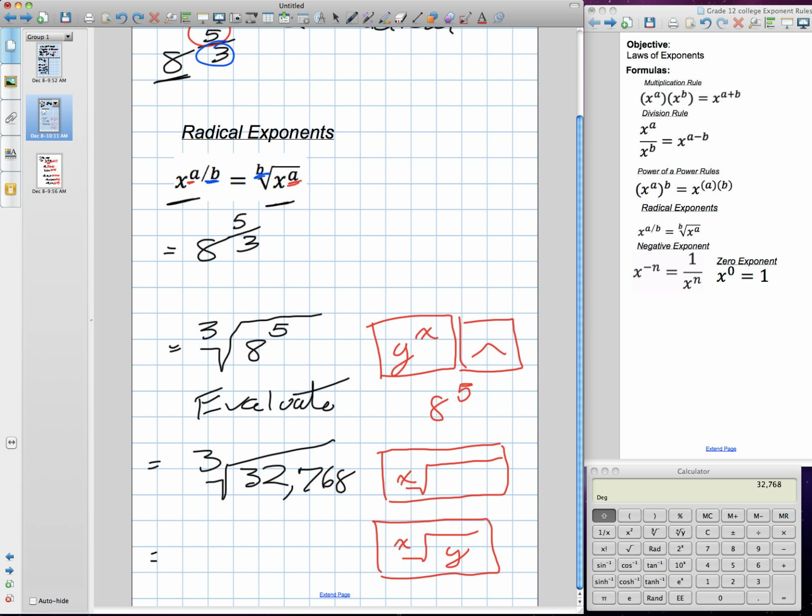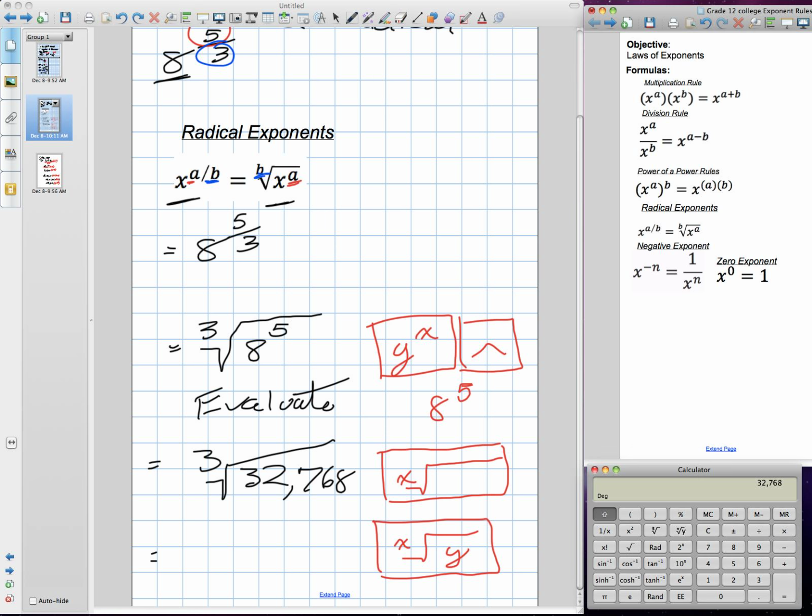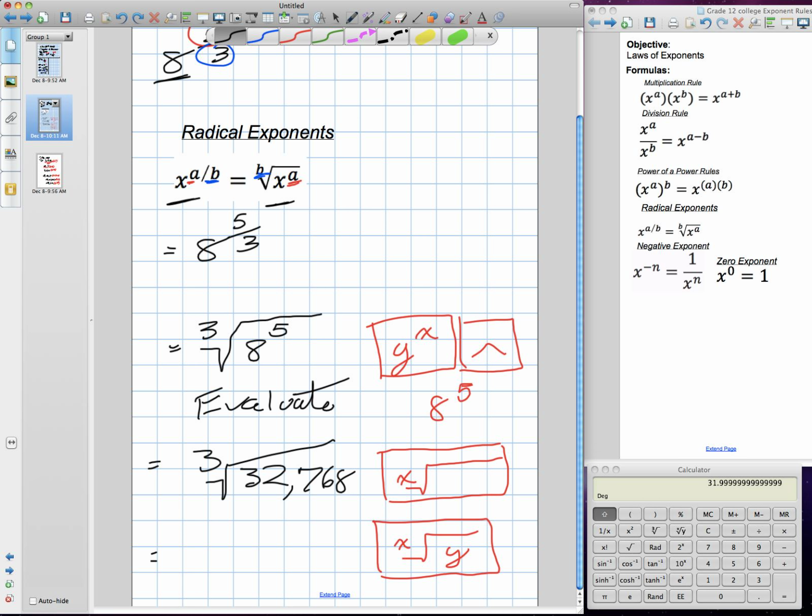So we're going to type in our number first, which we already have put into the calculator, 32,768. We find that button. I'm now in my radical form, radical of 3 equals, and we got a decimal here. Okay, so if you take a look, it said 31.9 repeated.